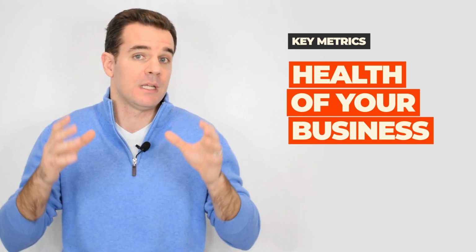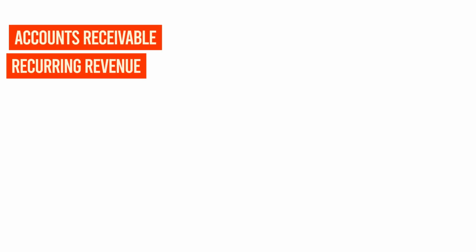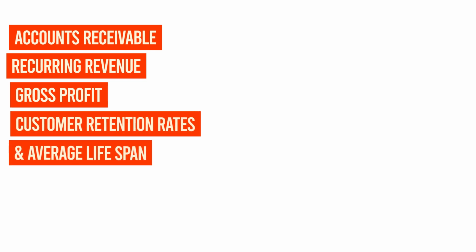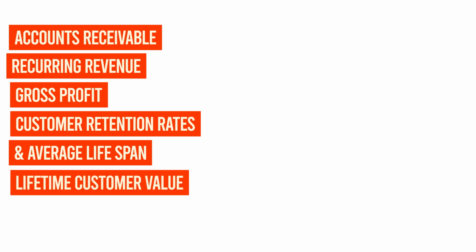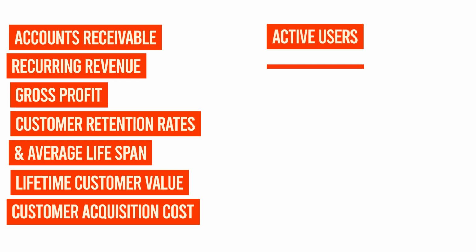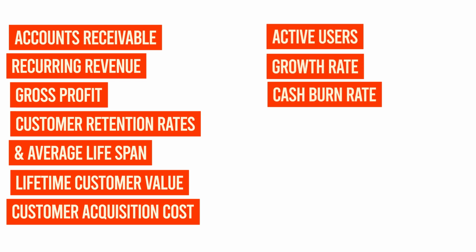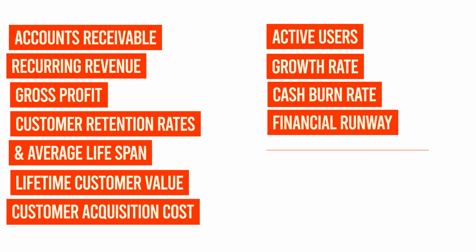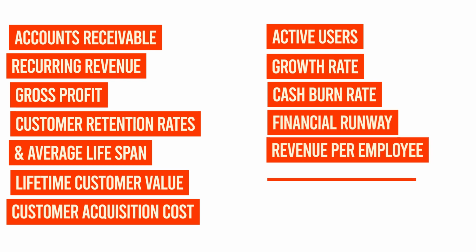Some of those could be the following: accounts receivable but not yet realized revenue, recurring revenue, including per customer, monthly and annual revenue, gross profit, customer retention rates and average lifespan of a customer, lifetime customer value, customer acquisition cost, including paid, organic, and blended, active users, growth rate, cash burn rate, financial runway, revenue per employee, and net promoter score.